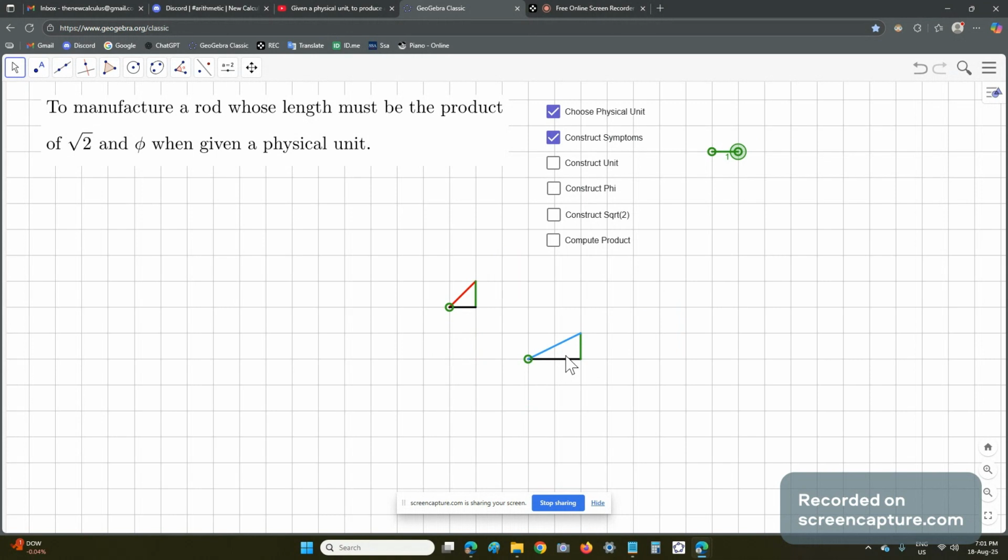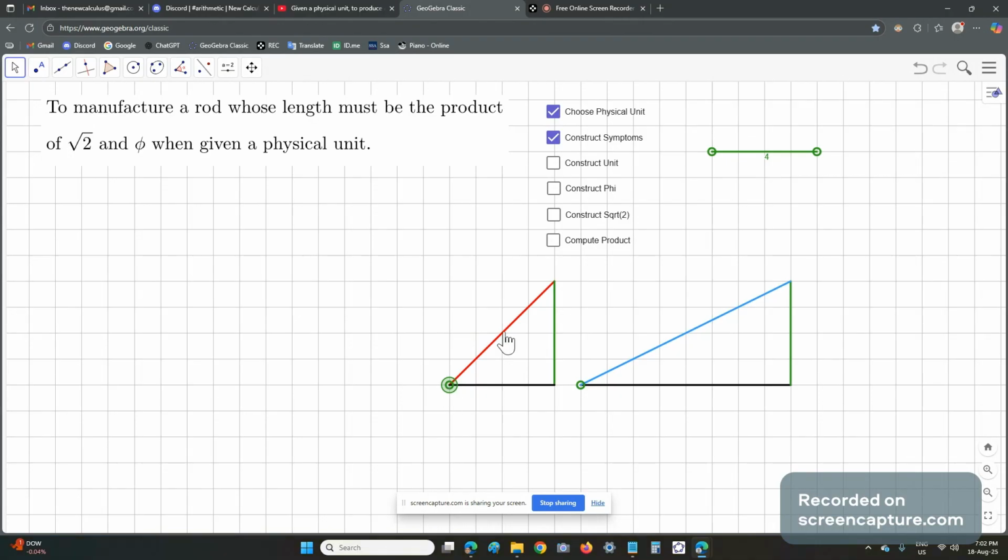So to get phi, we first have to construct this triangle and this one, and then we have to do ratio arithmetic, Gabriel arithmetic, like I showed you in an article that I keep putting in the description, which you also need to study, but many of you do not.